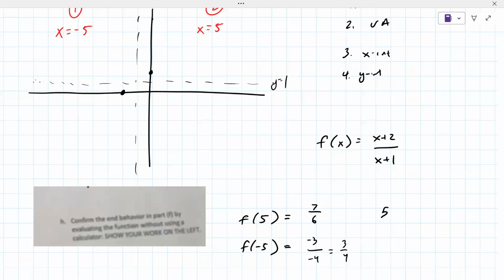As an ordered pair, this was 5, 7/6, and then -5, 3/4. So you'd want to add these points to your graph. You can do f of anything basically. You're going to do the ones they give you, but I just wanted to do slightly different ones for this one.